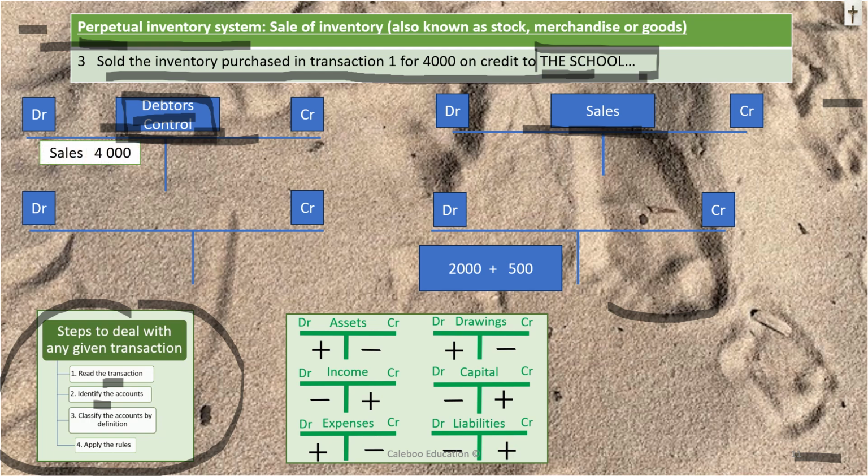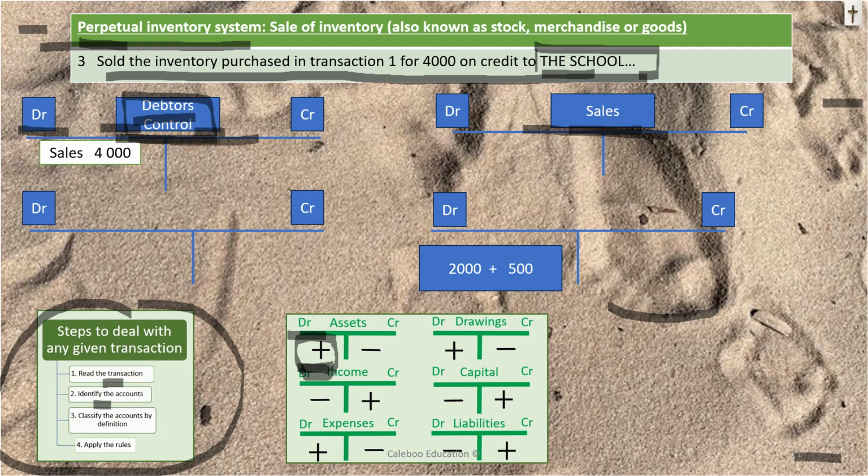A debtor by definition is an asset, and the value of the debtors control account has increased by 4,000 because debtors owe us more. An increase in assets, the account gets debited.